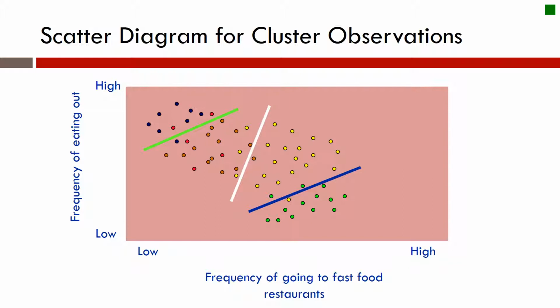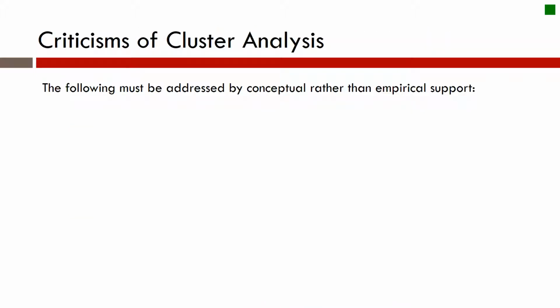So now we actually have 4 clusters identified, all seemingly grouped by the degree to which they eat out, and the degree to which they may or may not eat at fast food restaurants. So again, the idea is to form market segments or groups of objects that behave similarly on specific variables that we want to focus on.